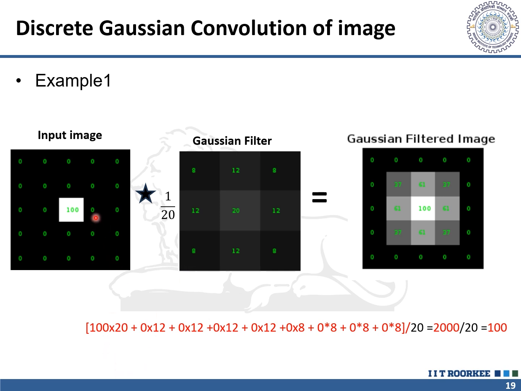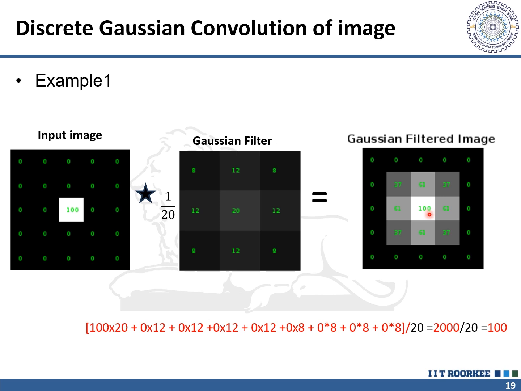So you will be multiplying 100 into 20, then 0 into 12, 0 into 12, similarly 12 into 0, 12 into 0, 12 into 0, and similarly 8 into 0, divided by 20 because this 1 by 20 is there. So you will get 2000 by 20, which is 100. So the center pixel will have value 100.